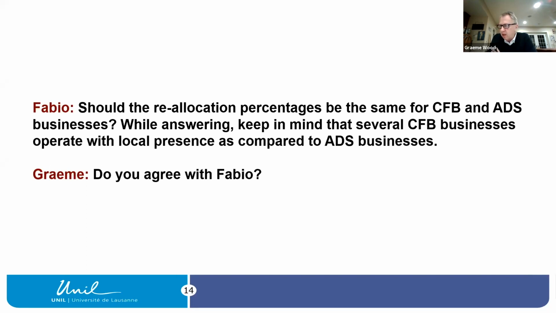So if you use Vikram's example and go with 20/10 for all entities, it seems to me that where you already have presence on the ground and you're already being taxed on the ground, is it meeting the policy objective of the project if the additional attribution to the market for those companies, and they could be CFB or ADS, where they have operations on the ground, is the same?